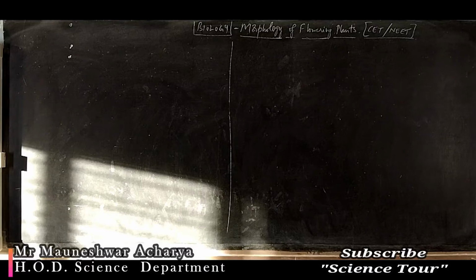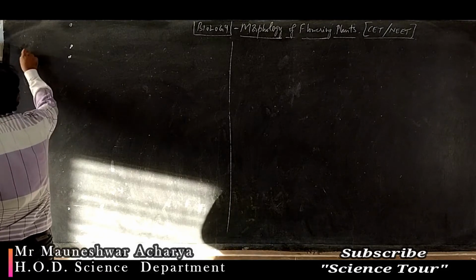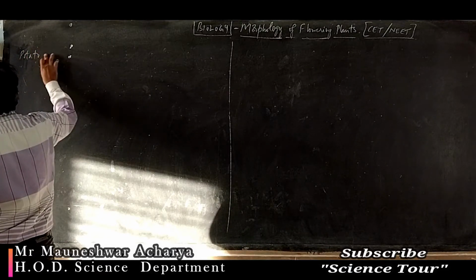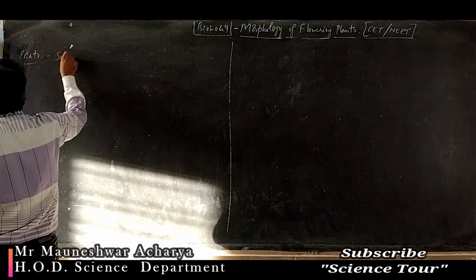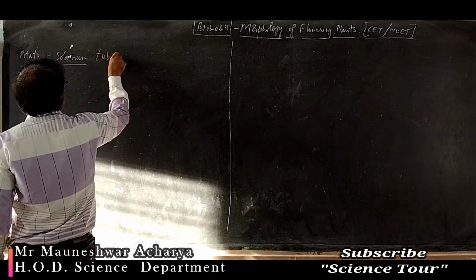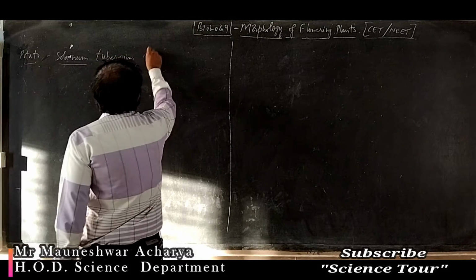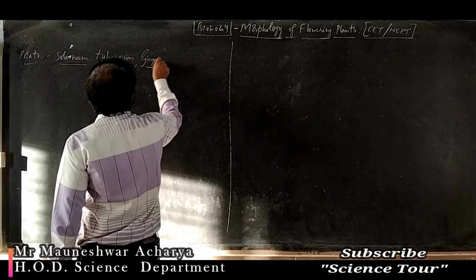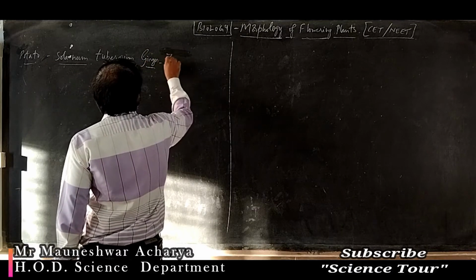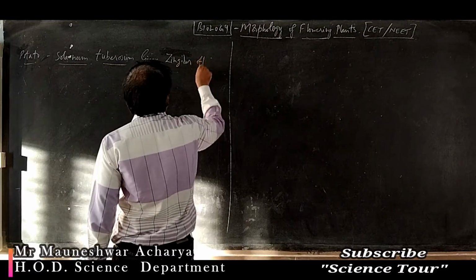What is the stem modification for? To perform different functions. Potato, ginger, turmeric. The potato's scientific name is Solanum tuberosum. Ginger's scientific name is Zingiber officinale.